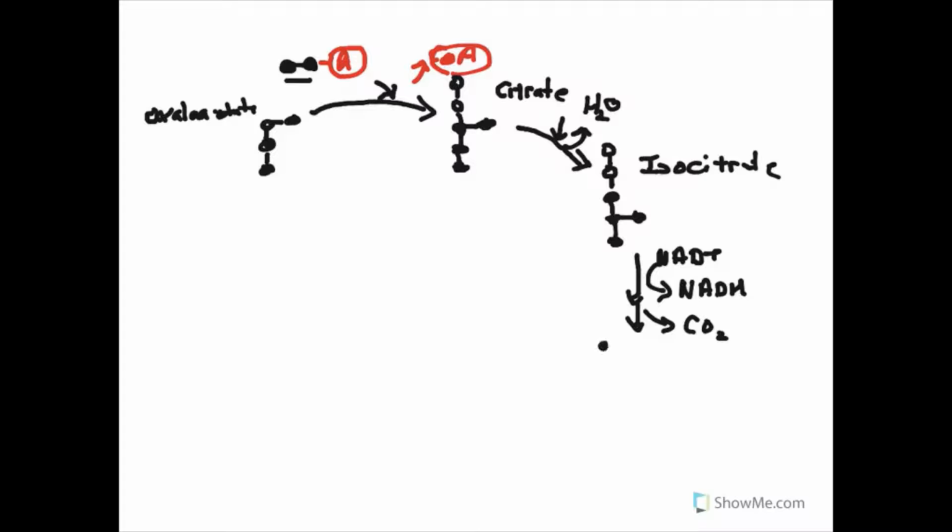So we're going to take that 1, 2, 3, and I'm just going to remove that side one. And then let's put 2 of our acetates up there. And we have now formed a molecule called alpha ketoglutarate.